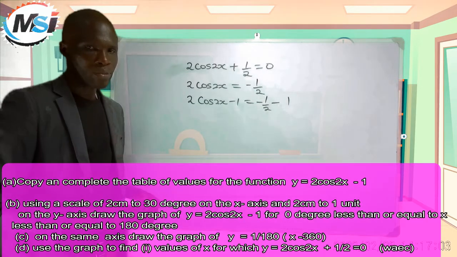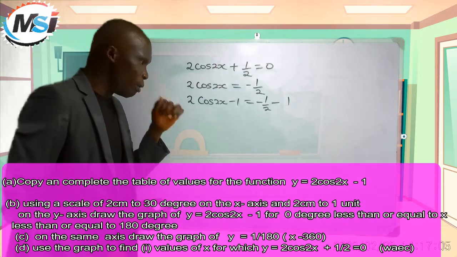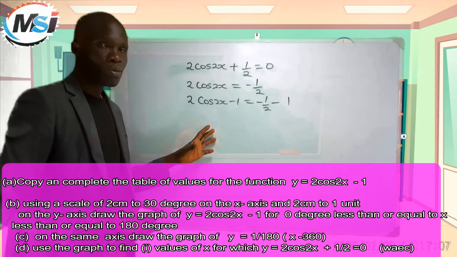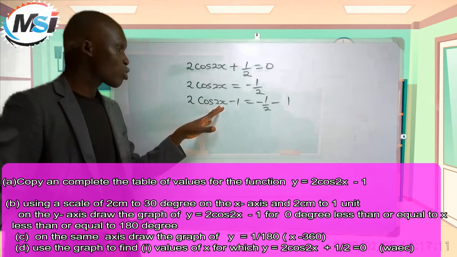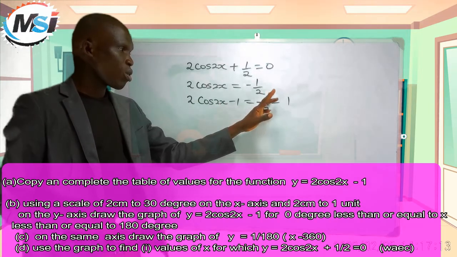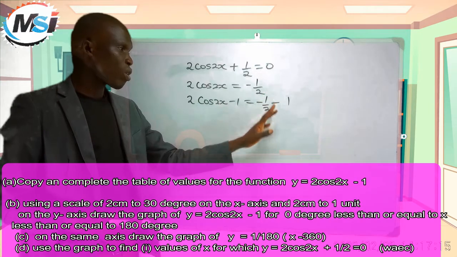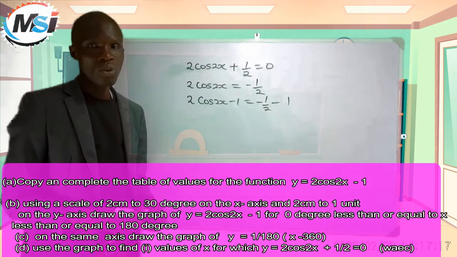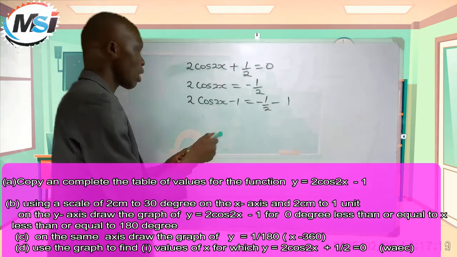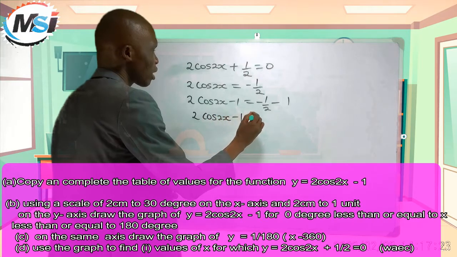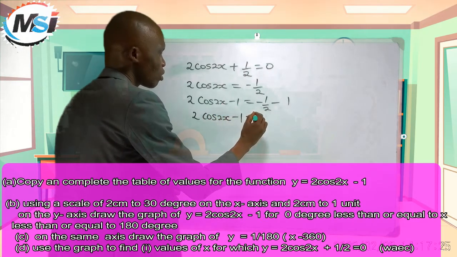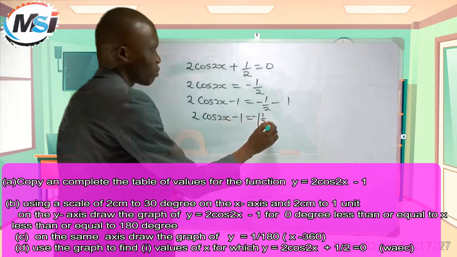minus 1. So this will give us 2 cos 2x minus 1 equals minus 1 over 2 minus 1. If you do this, we are going to have 2 cos 2x minus 1 equals minus 1 whole number 1 over 2.